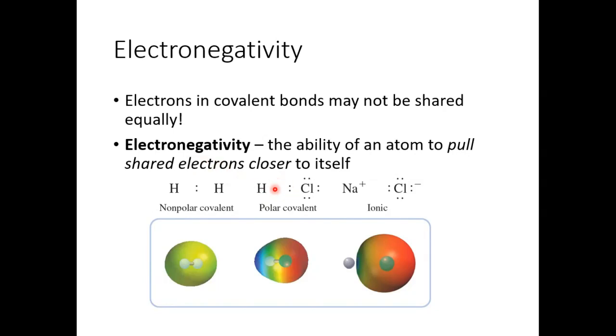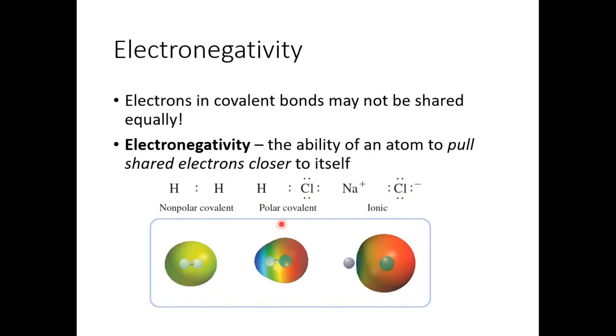But when you have 2 different elements, there is a difference in this property, electronegativity, and the shared electrons in a bond are pulled closer to one atom over the other. Sometimes the difference in electronegativity is so big, like with metals and nonmetals, that you don't share anymore. You actually get electrons straight transferred over.